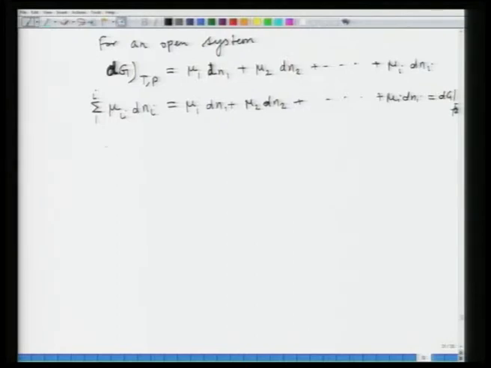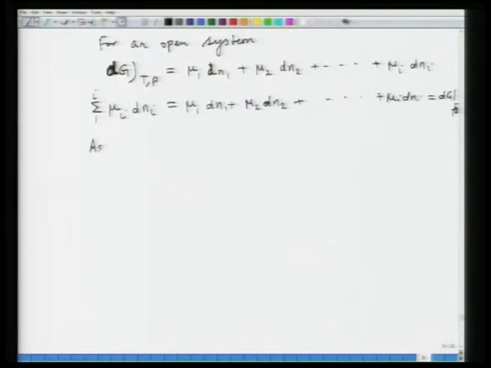Now assume a chemical reaction. So, we are taking a system where many species are present to react and then some products form. So, assume a chemical reaction as follows.